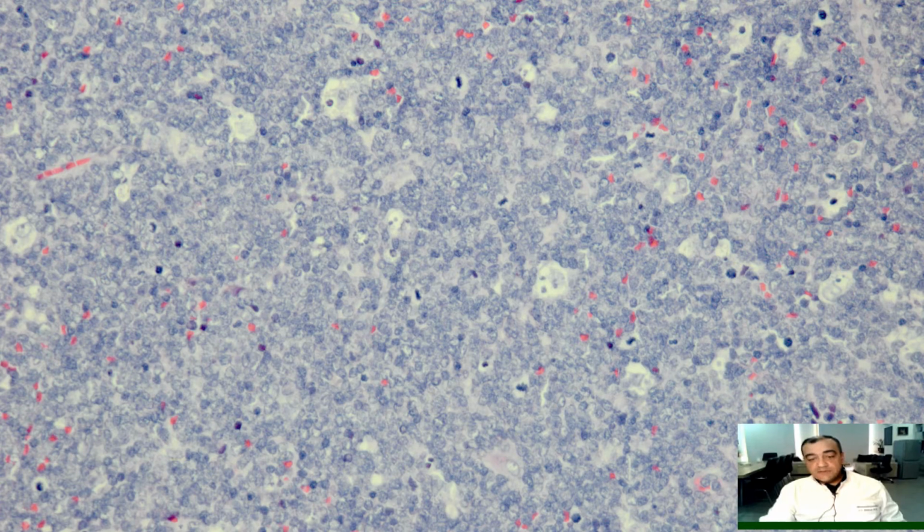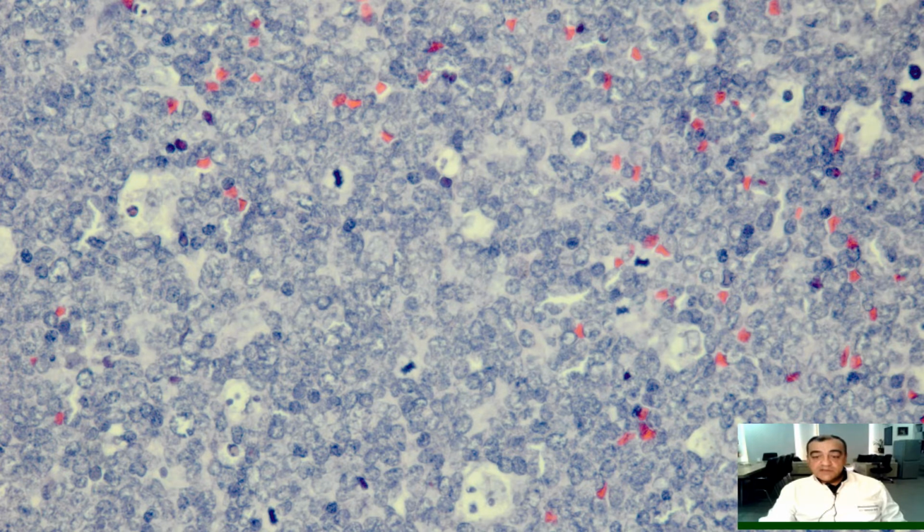Here on a higher power field, we can see that those nuclei are really overcrowded with a narrow, barely visible cytoplasm and a lot of mitotic figures. As you can see in the picture, 6 to 7 atypical mitoses can be recognized in this tumor.